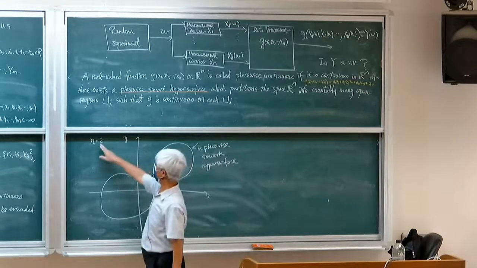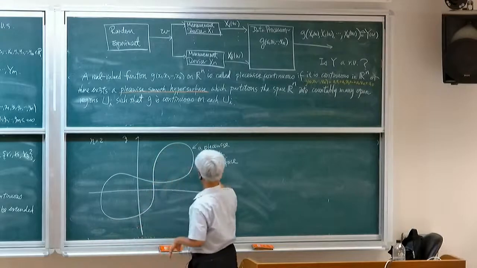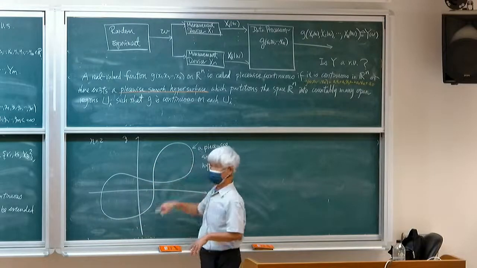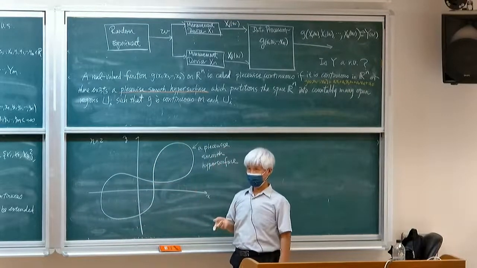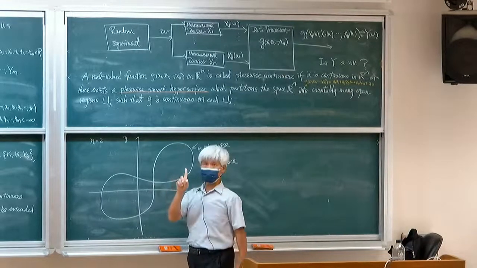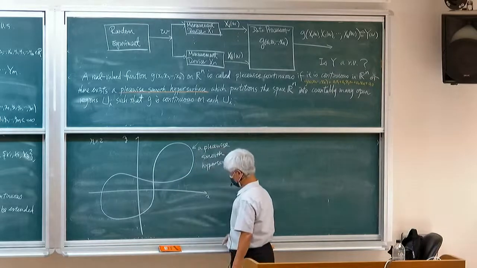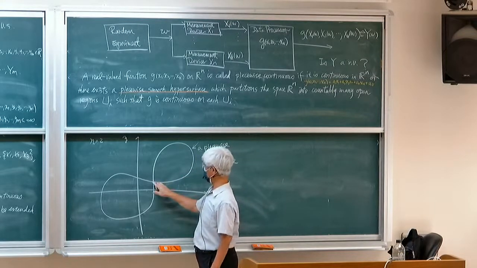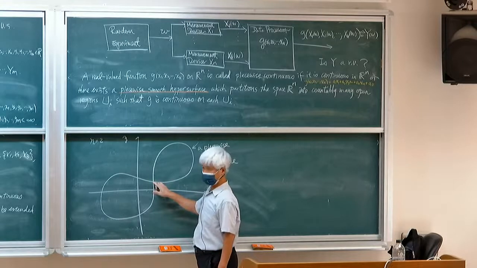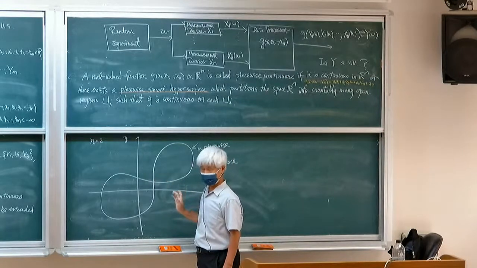So for n equal to 2, n minus 1 is 1, so a hypersurface for the plane would be a curve, because a curve is a one-dimensional object. And it's piecewise because at this point it's not so smooth. Why? Because at this point you can go this way or that way, so there are two directions.